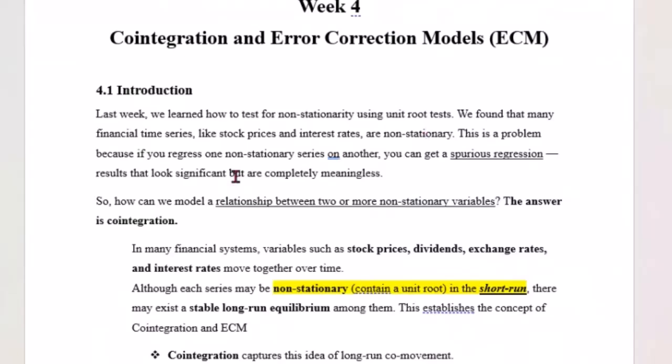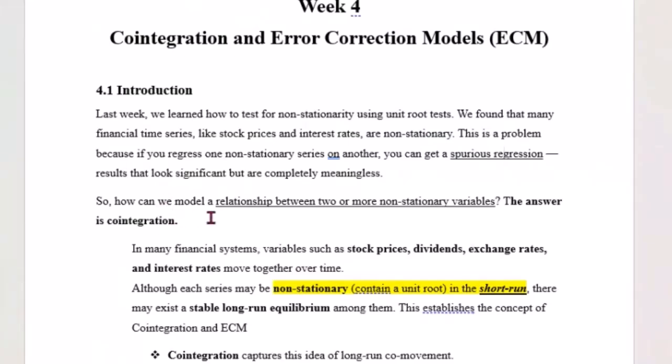But if we carry out the analysis in the original form, then we end up in what we call spurious regression. This means that the results may look good, the results may look significant, but they are completely meaningless. You cannot make inferences from these results.